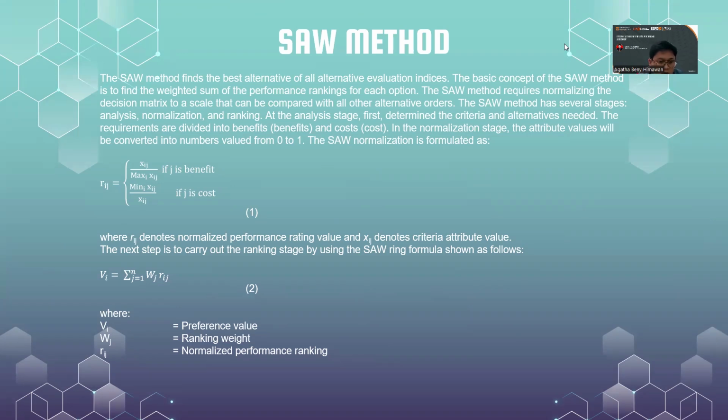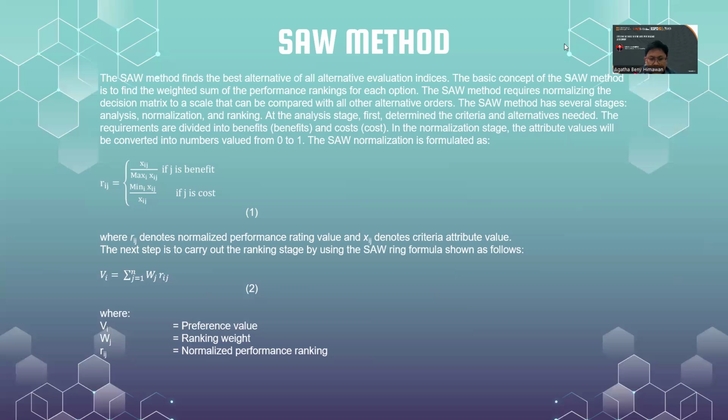R_ij equals x_ij divided by max x_ij if j is a benefit, but if j is a cost, R_ij equals min x_ij divided by x_ij, where R_ij denotes the normalized performance rating value and x_ij denotes the criteria attribute value.